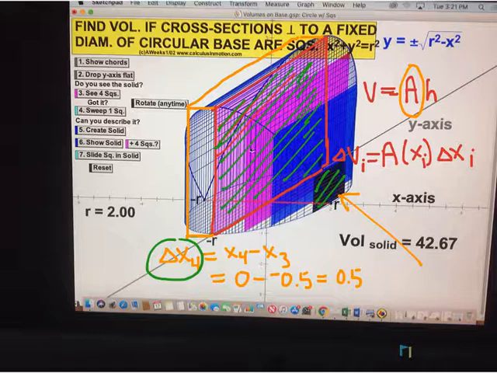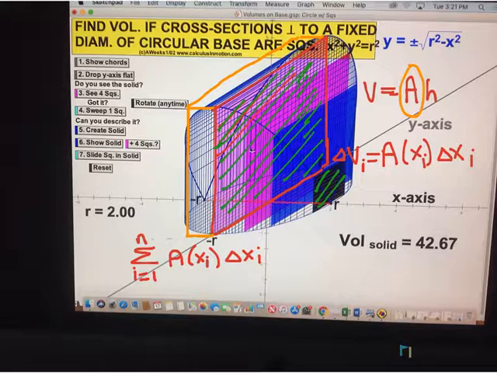That'll be a Riemann sum, and that will give us an approximation for the volume of our solid. That's a Riemann sum. We have a sum of products, and each product is formed by taking the area of each cross-section and multiplying by the height. And we have several of these. In my example, n would be 8 because I'm using 8 subintervals.